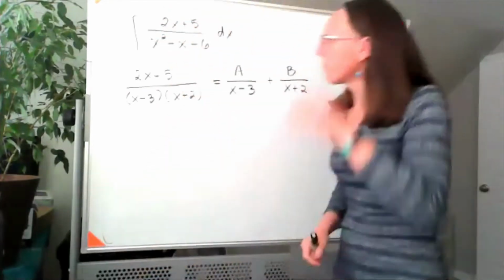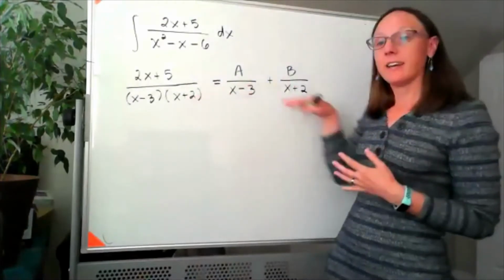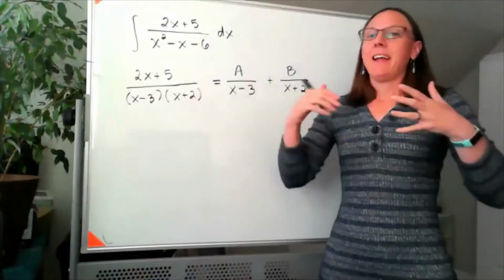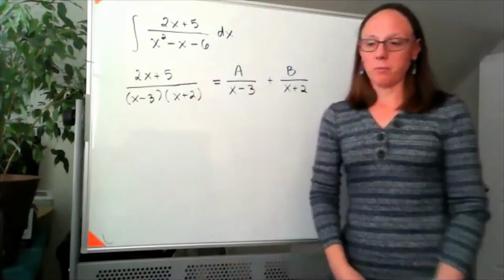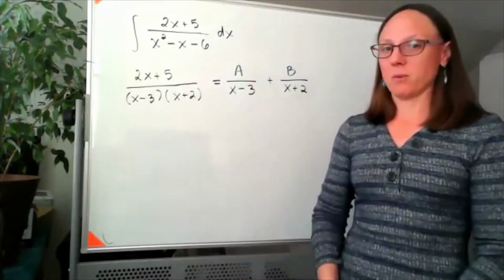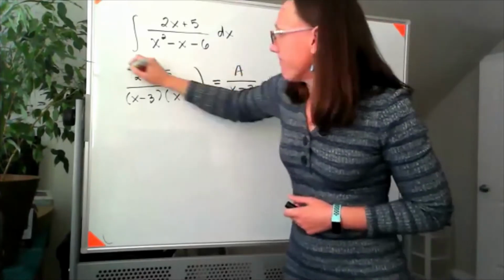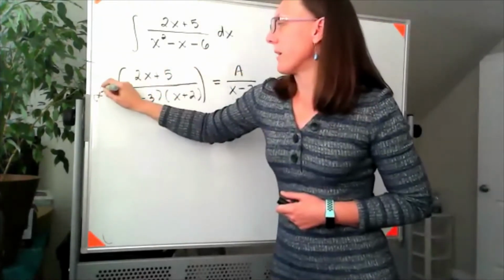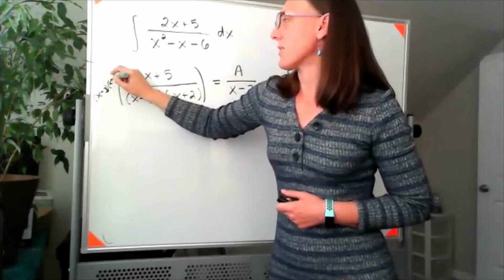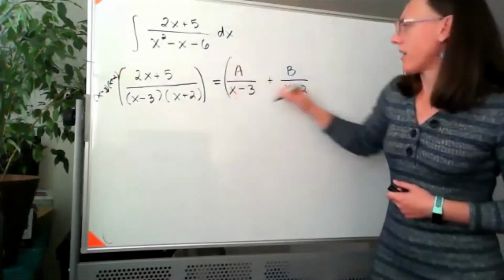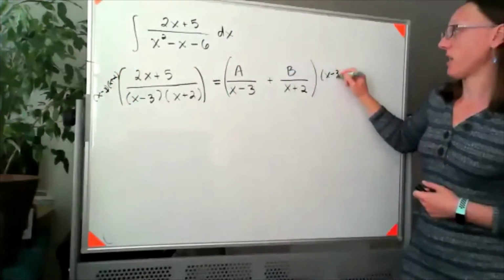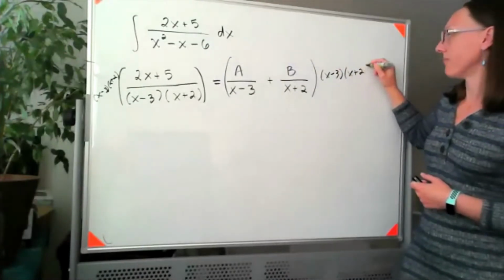Okay. So my favorite version is to look at this and get rid of all the fractions by multiplying both sides by the common denominator. So I'm going to multiply by x minus 3 times x plus 2, and over here, I'm going to multiply by x minus 3 times x plus 2.